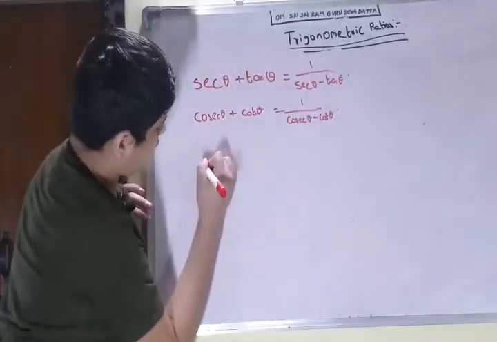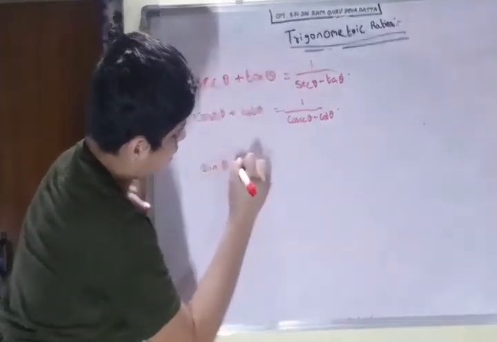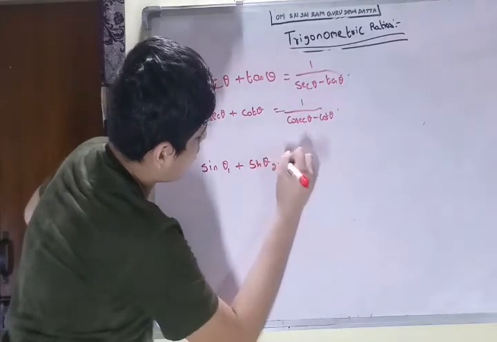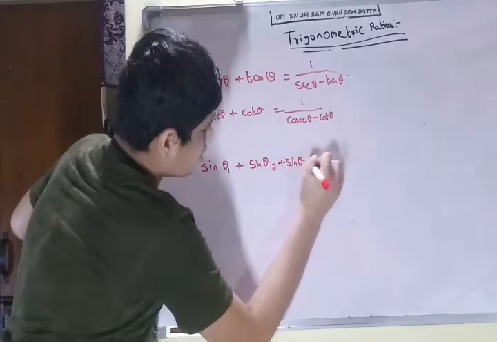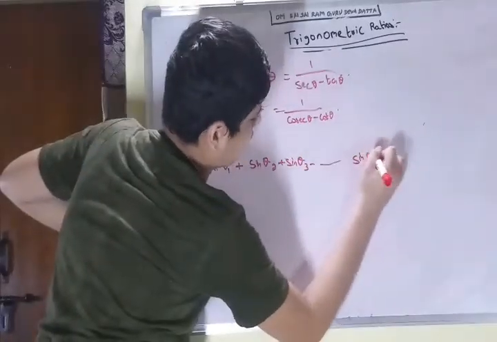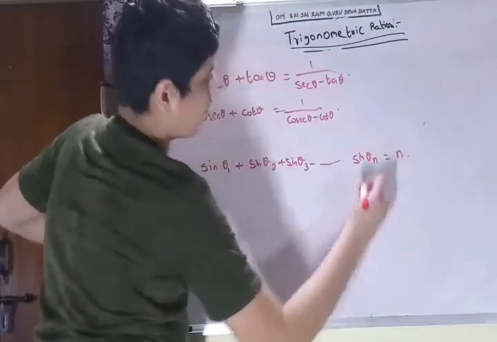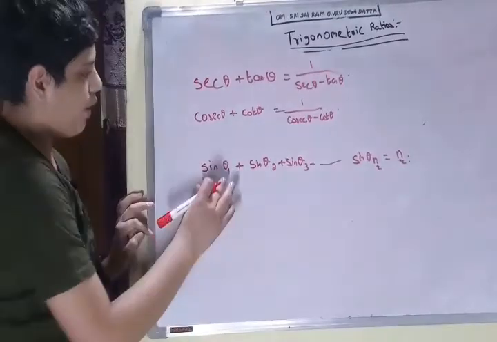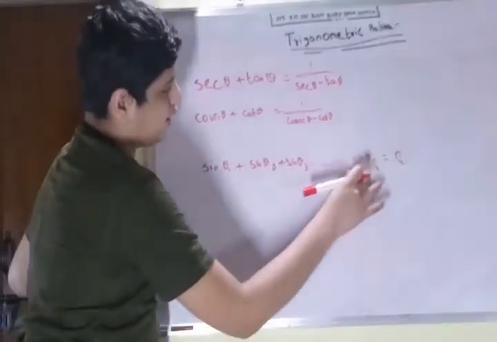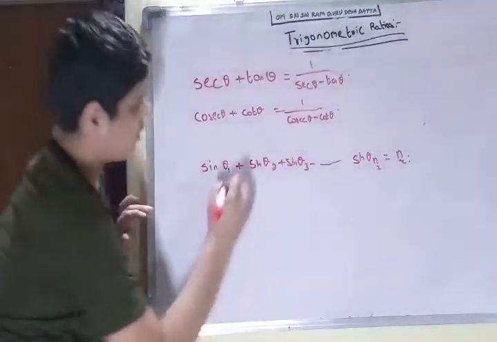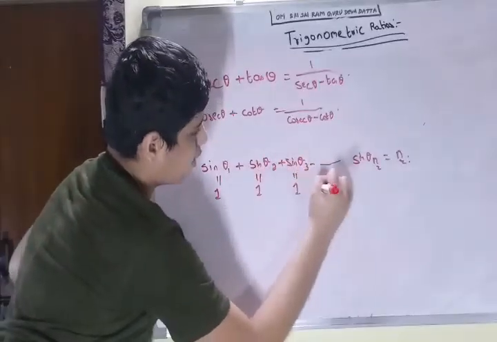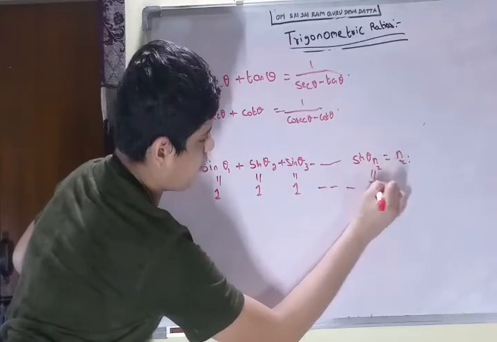So the next one is sin theta 1 plus sin theta 2 plus sin theta 3 and so on up to sin theta n is equal to n. Same value is given. Then the value of theta 1, theta 2, theta 3, and so on up to theta n is such that sin theta 1, 2, 3 all are 1.